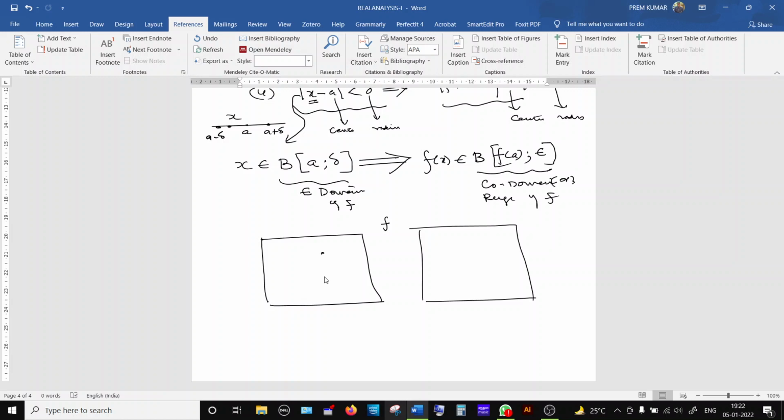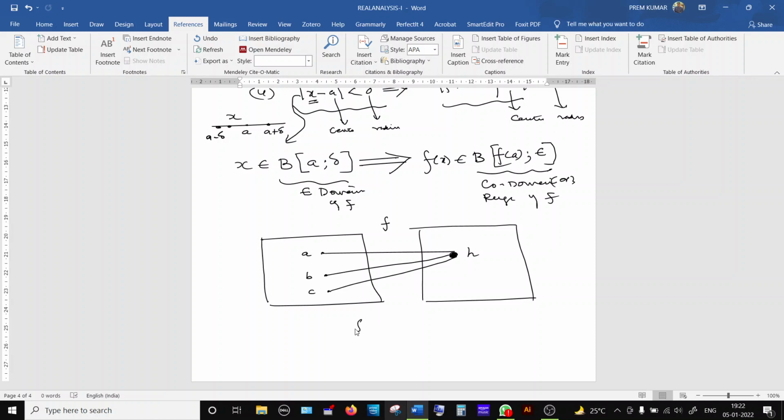Suppose there are many elements, A, B, C, and only these three elements are mapped to the same element, say h. So the meaning is f of a is equal to h, f of b is also equal to h, f of c is also equal to h. And suppose it is a function whose inverse exists.